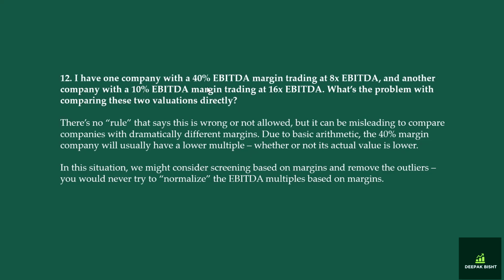Margin implies, as we have discussed, that here for $1 of revenue the company makes 40 cents, and there for $1 of revenue they are making 10 cents. This means that a high-margin business is far more efficient at converting sales into operating profits.